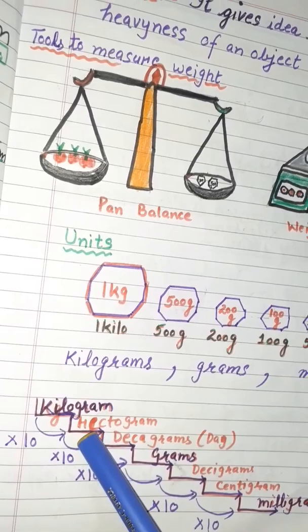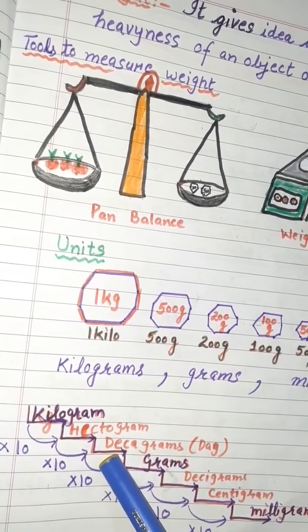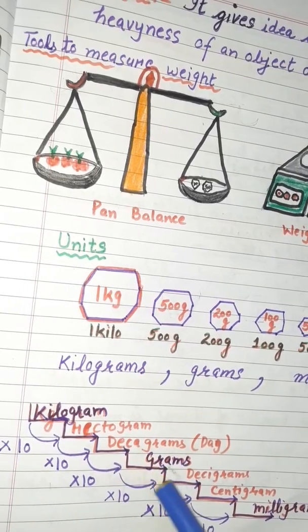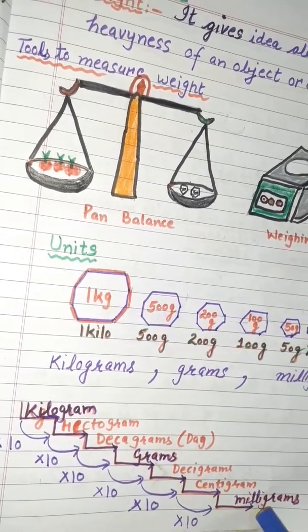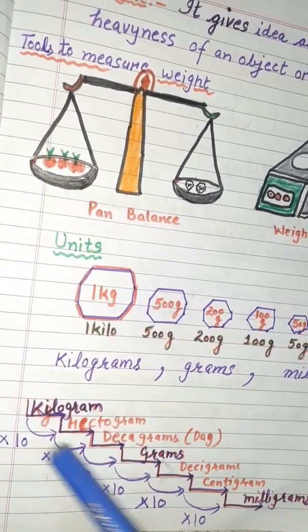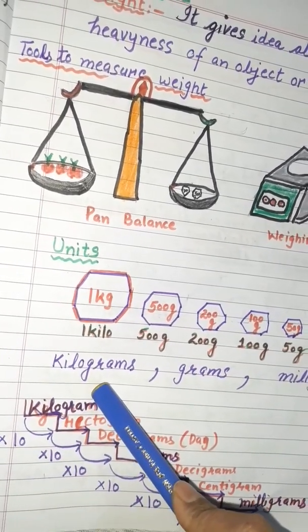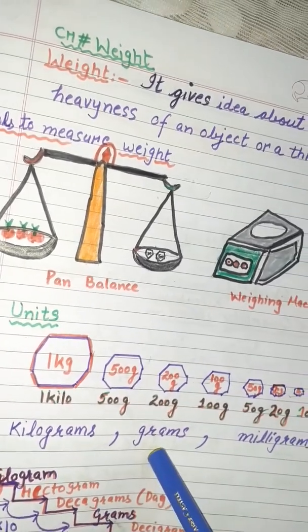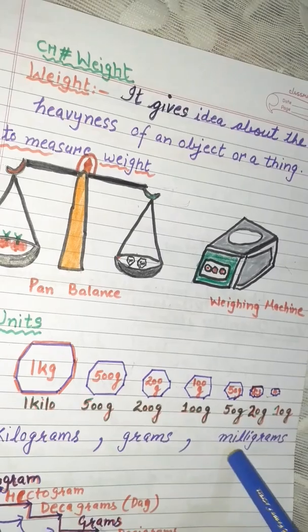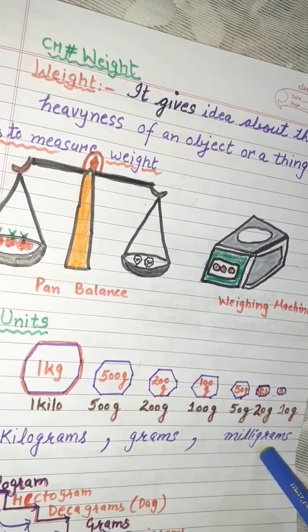In 1 hectogram we have 10 decagrams, then in 1 decagram we have 10 grams, then decigrams and centigrams and milligrams. So on we can do like that. The bigger unit of weight is the kilogram. Smaller than that is grams, and if we have a very small weight, we measure it in milligrams.